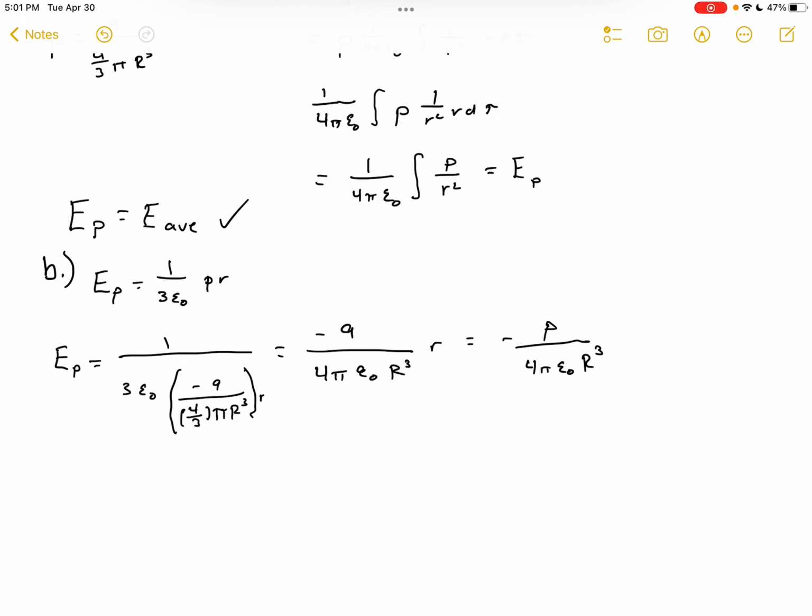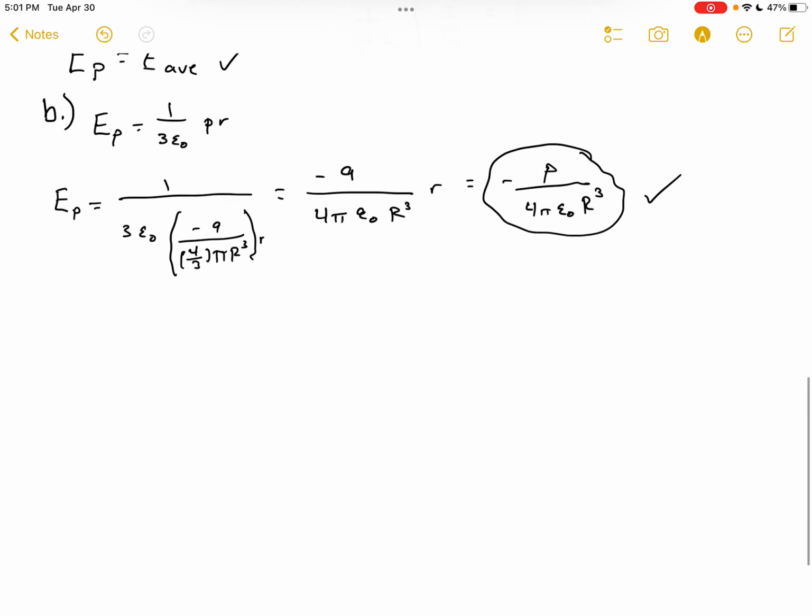Thus, we can see the electric field due to the dipole moment. This answer here checks off part B.